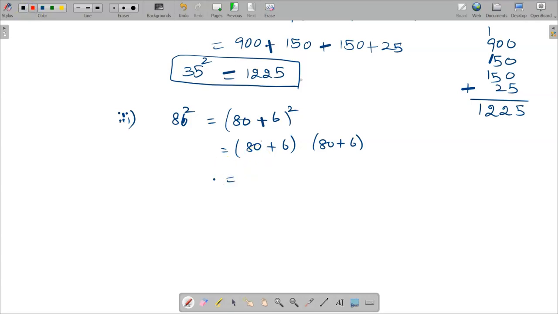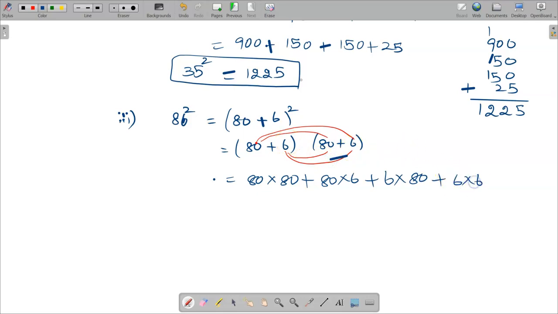So again 80 into 80, 80 into 6. Similarly 6 into 80, 6 into 6. So 80 into 80 plus 80 into 6 plus 6 into 80 plus 6 into 6.